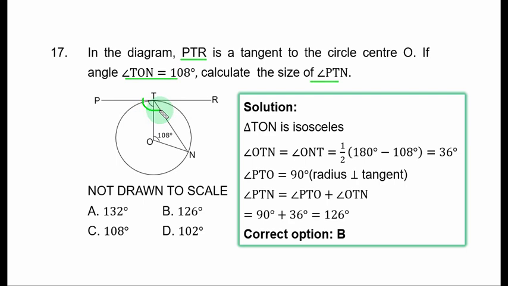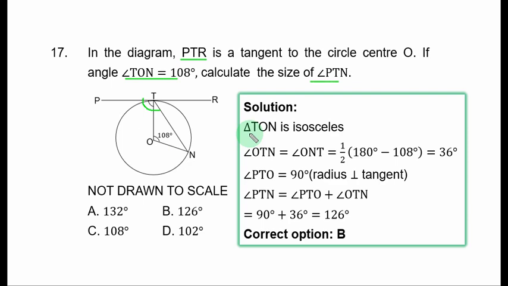Now that angle is the sum of PTO and OTN or NTO. But before then, you observe that OT and ON are radii. For that reason, triangle TON is an isosceles triangle, and for that the base angles are equal.